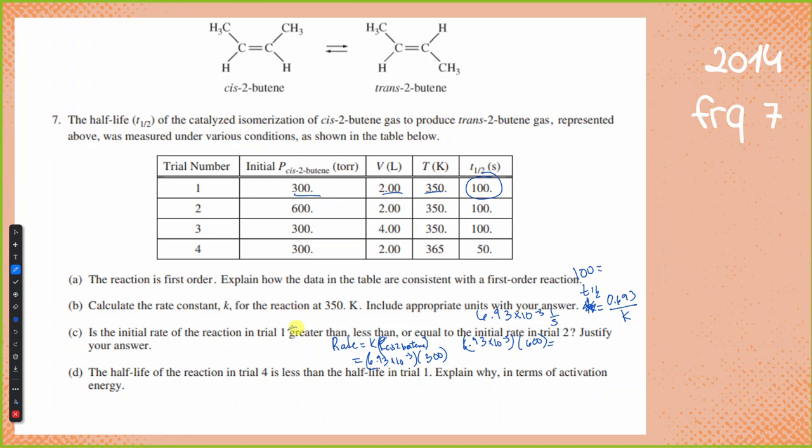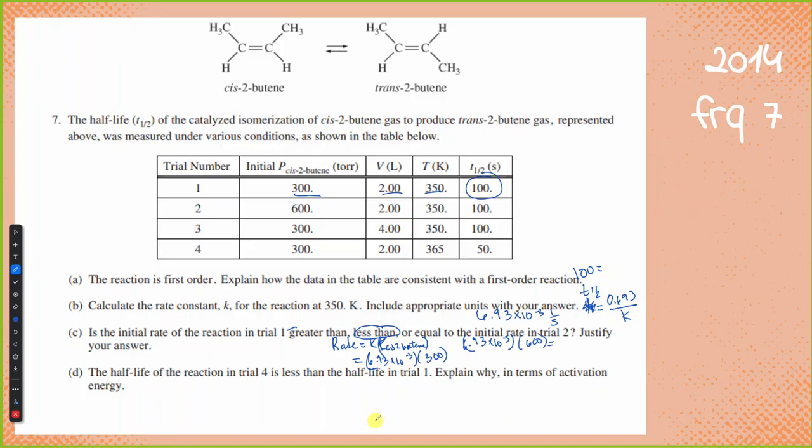So you would say the initial rate for reaction 1 would be less than the initial rate for reaction 2. You can show the math this way, or you could just say that because it's first order, since the partial pressure is doubled, which is essentially its concentration in the same volume, therefore the rate is going to double as well.